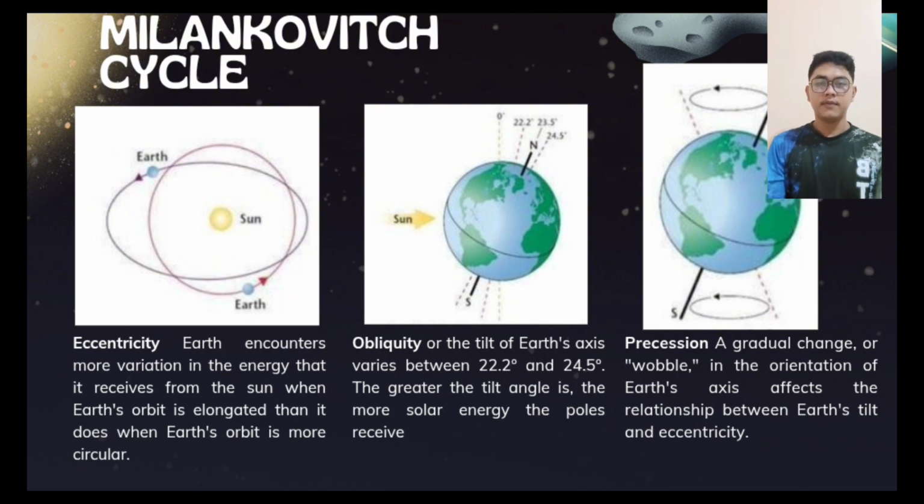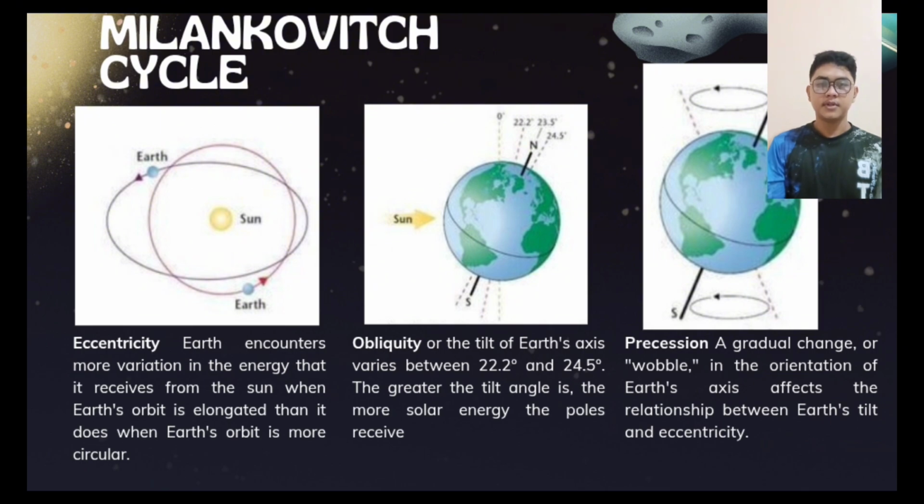Obliquity, or tilt of Earth's axis, varies between 22.2 degrees and 24.5 degrees. The greater the tilt angle is, the more solar energy the poles receive. A larger tilt increases polar solar energy.